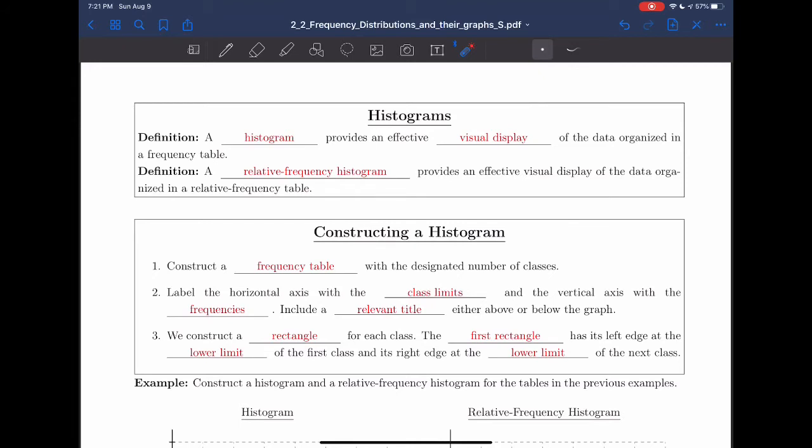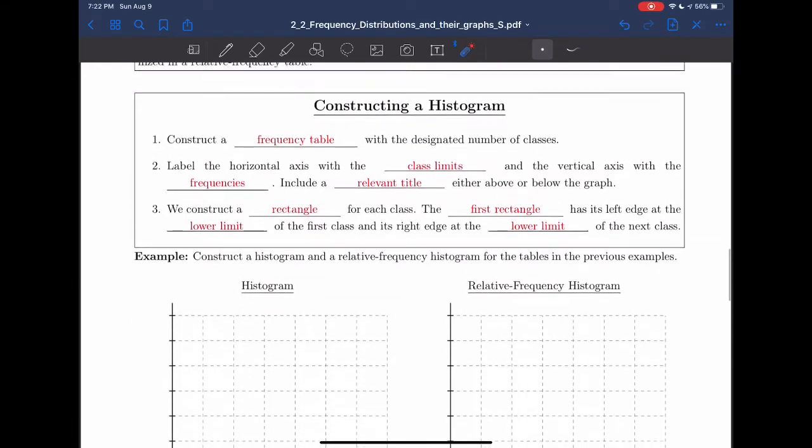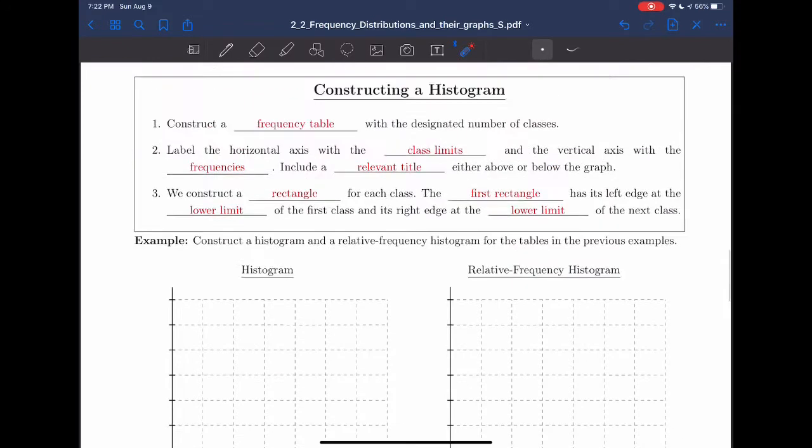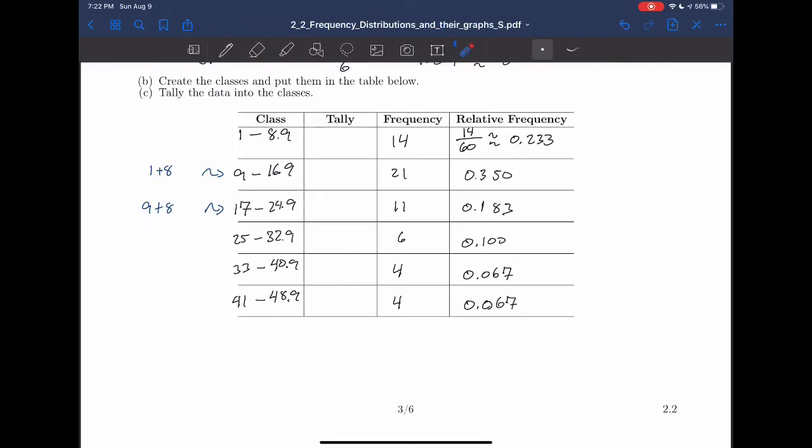When we construct a rectangle for each class, the first rectangle has its left edge at the lower limit of the first class and its right edge at the lower limit of the next class. I know it seems a little confusing, but once we do an example, I feel like it will click. So let's construct a histogram and a relative frequency histogram from the table that we just made.